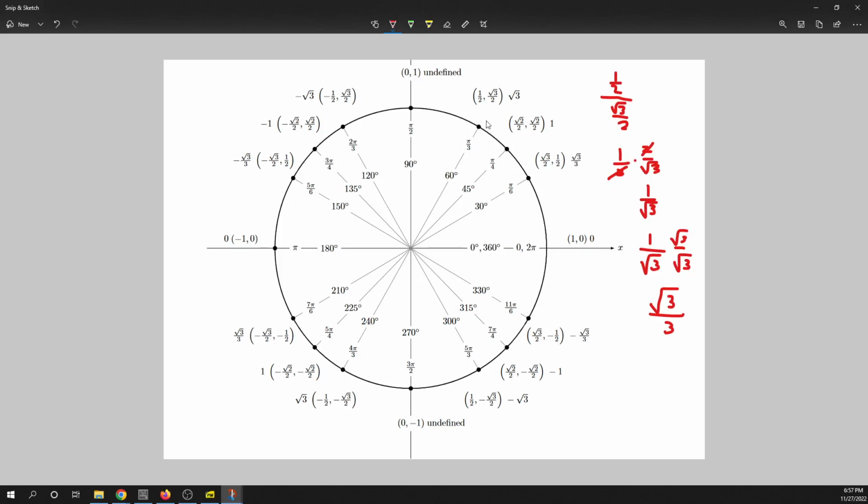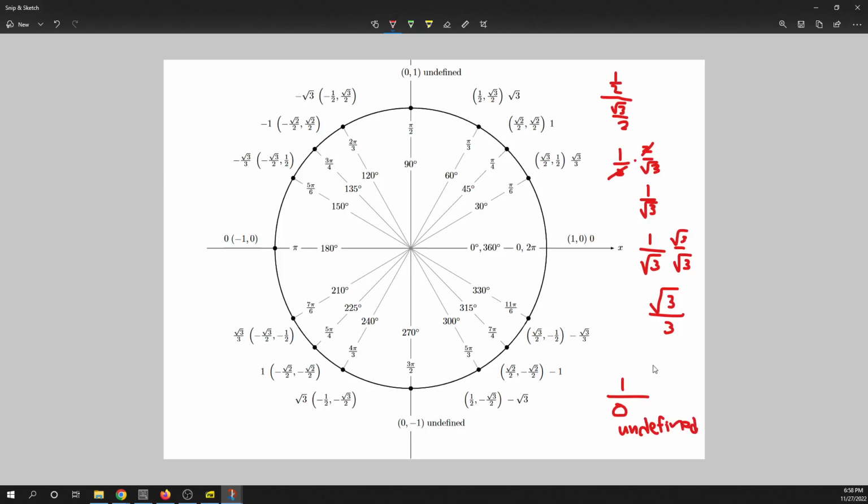There's one that I didn't talk about so far, and that's the value for tangent for pi over 2 and 3 pi over 2. If you try to calculate the tangent of pi over 2, that would be the y coordinate over the x coordinate, and that is undefined because you're dividing by 0. You can also see there's a situation like that down at the bottom here where it's undefined.